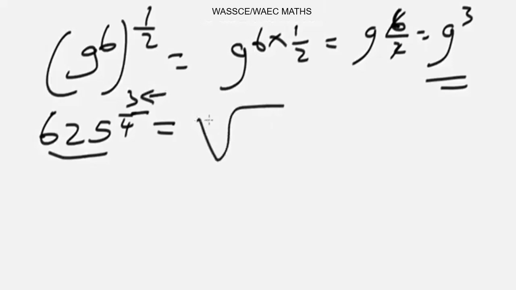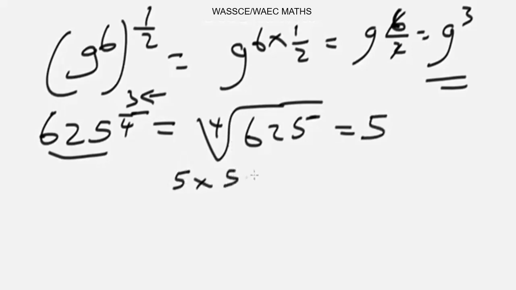The 4th root of 625 is 5, because 5 times 5 times 5 times 5 gives us 625: 5 times 5 is 25, 25 times 5 is 125, and 125 times 5 is 625.